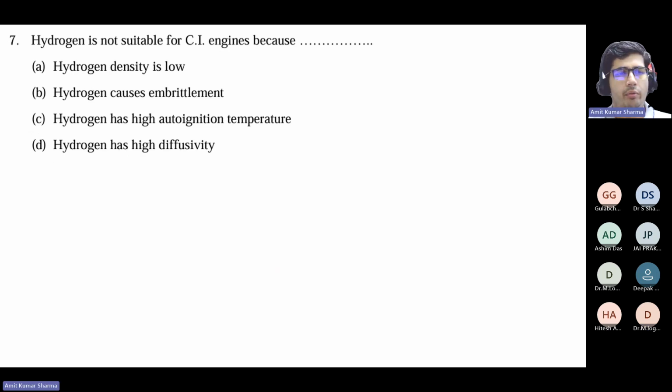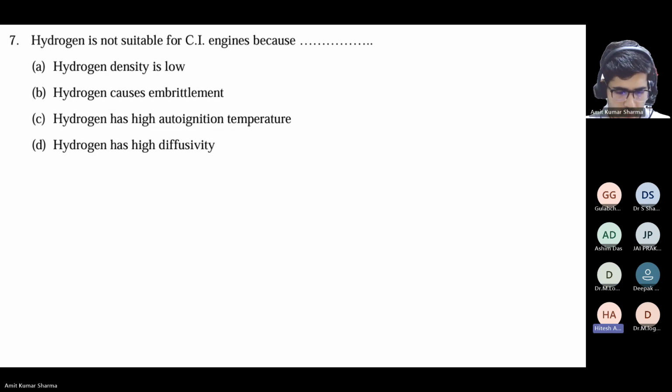Hydrogen is not suitable for CI engines because: hydrogen density is low, hydrogen causes embrittlement, hydrogen has high autoignition temperature, hydrogen has high diffusivity. C. Okay, so we have one answer, C. Anybody else? Option C, autoignition temperature, because in a compression engine it requires the temperature to ignite.